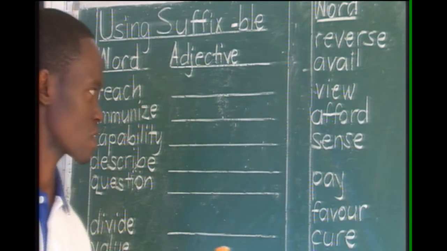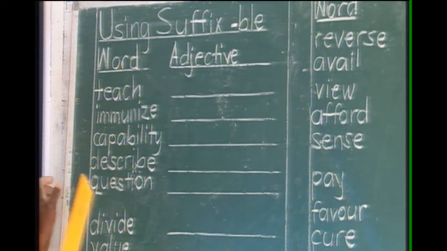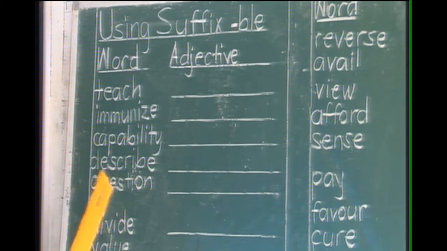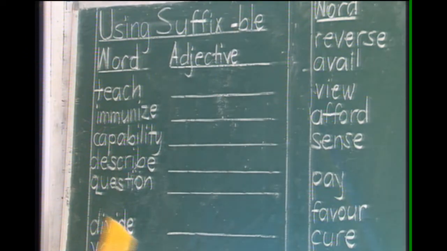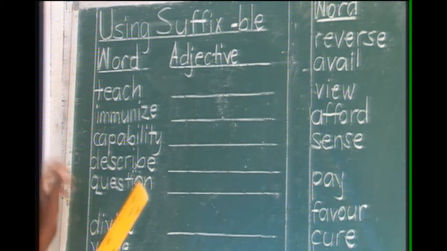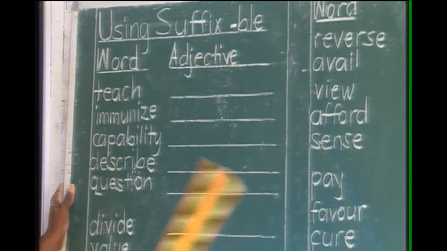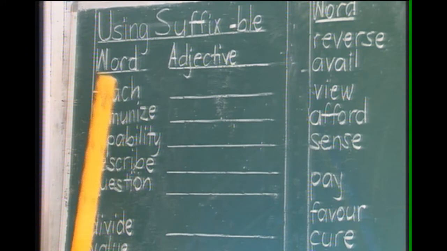There are words where you just add the suffix, then there are words where you have to make some changes before you add. That's why I'm using the words 'using suffix'. I don't want to go with the old notion of adding.